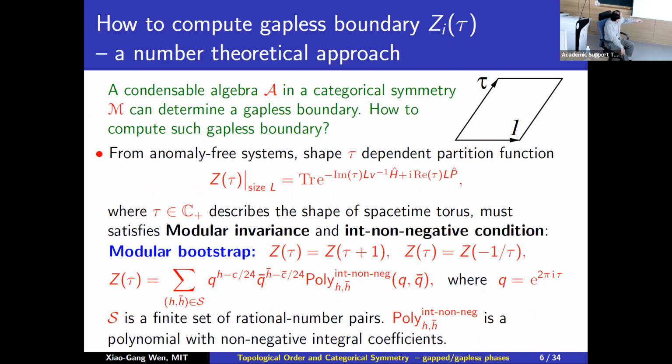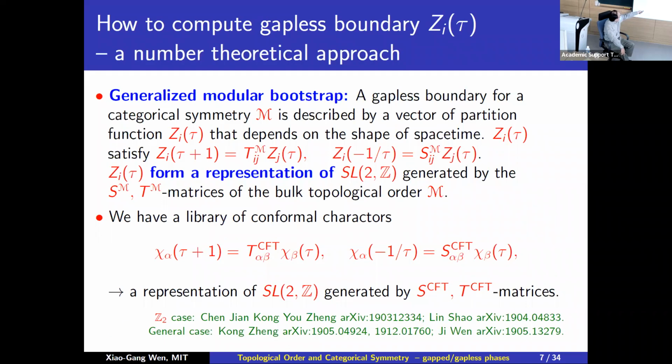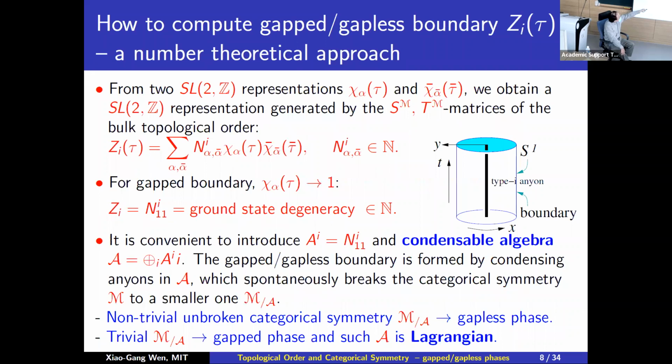However, we know the conformal characters satisfy a different condition, given by T CFT and S CFT. So this conformal character Z chi is not the Z. But we can combine those conformal characters to construct a Z like this. The chi transform with S CFT and T CFT, but the Z transforms with SM and TM.